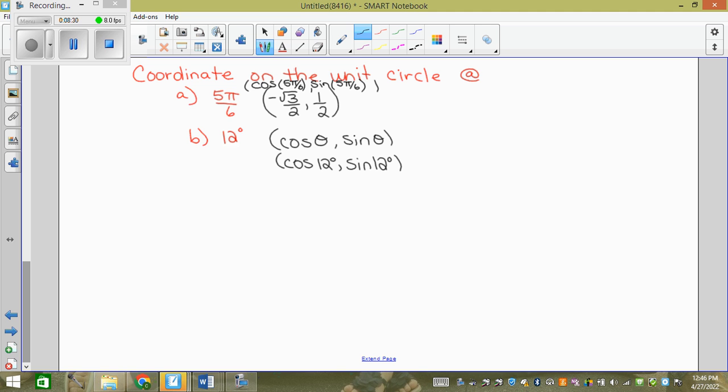Make sure you're not on your phones. So you're in degree mode. You're going to type in what? Cos of 12 in degree mode. And what do we get to 3 decimal places? 0.978. And then we type in sine of 12. And we get 0.208.